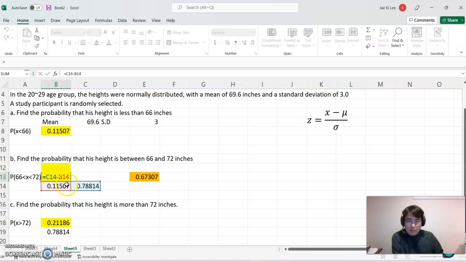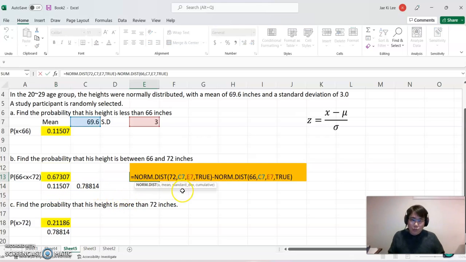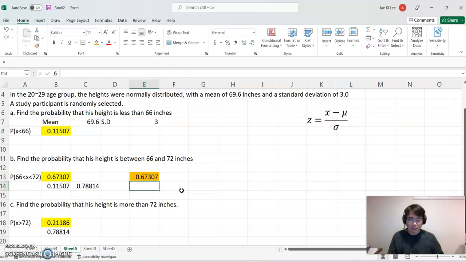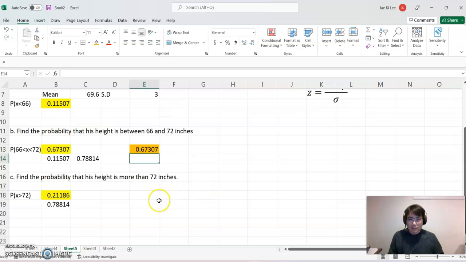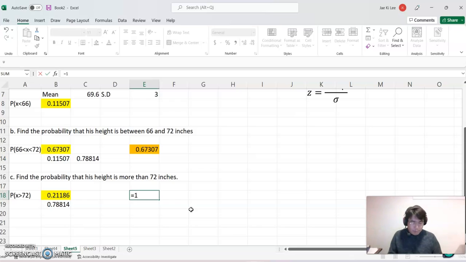But in this case, we just make one Excel formula with the norm dist command and do just one calculation to find the answer. In this case you can also do equal to 1 minus.